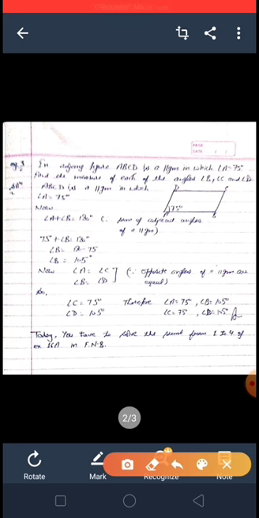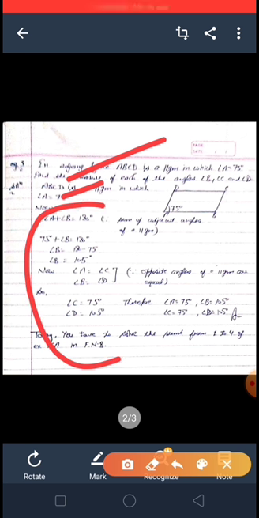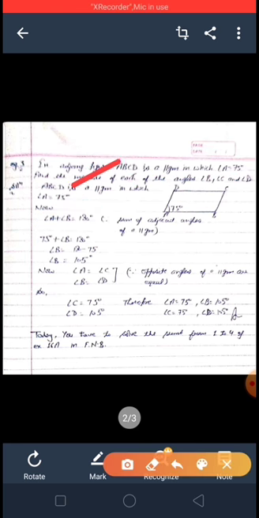Again, we are given ABCD is a parallelogram in which angle A is 75 degrees. First you have to write the complete information which is given in the statement. Do not solve directly from here. You have to write the information which is given in the statement. Clear? So ABCD is a parallelogram in which angle A is 75 degrees.